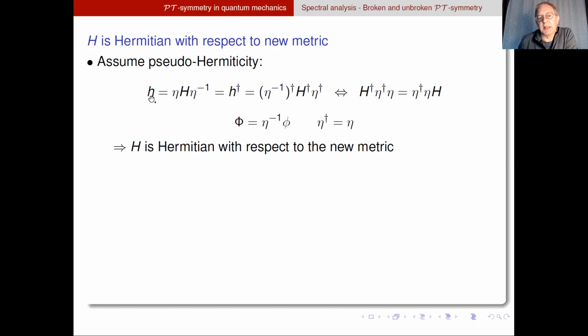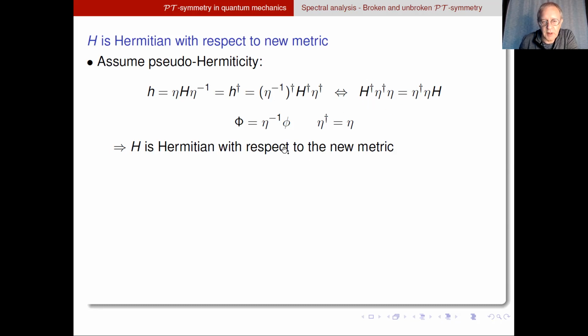Since this small h is Hermitian, I can just take the Hermitian conjugate of this and then multiply with eta dagger and eta dagger -1, etc., from the left and from the right, and we get this equation over here.